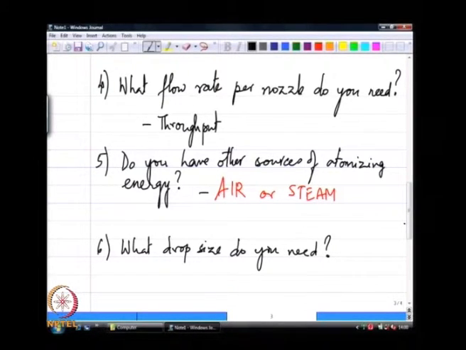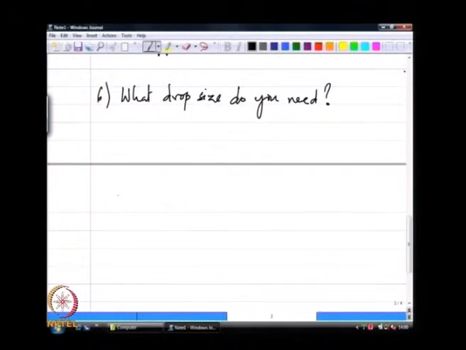If the answer to that is no, that there are no other sources of atomizing energy, then it is pretty clear the choice has to be a pressure swirl atomizer of some kind. Okay. If they do have, let us say, air or steam available, then you can go to an air assist or an air blast atomizer, or steam assist, steam blast. It really is the same thing, some kind of gas assisted atomization. And so, essentially, I will write down the steps that you can go through.